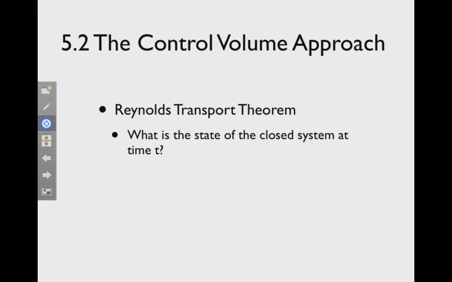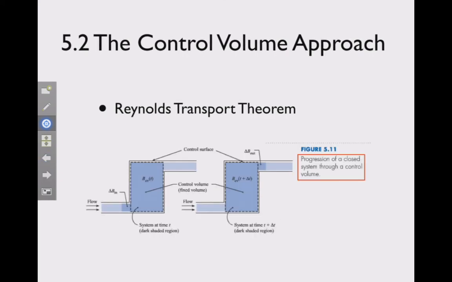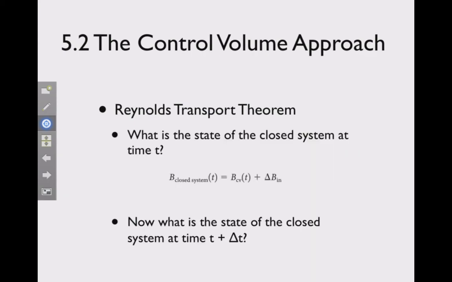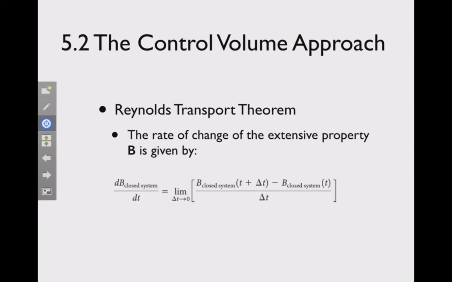So basically, let me go back to this. What we have is the dark area here, which is our fixed quantity of fluid, and we're watching it as it gets pushed out through this other little outlet.